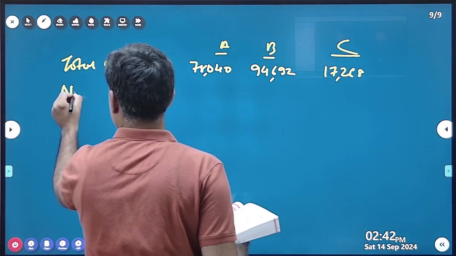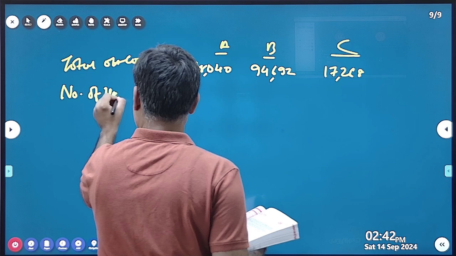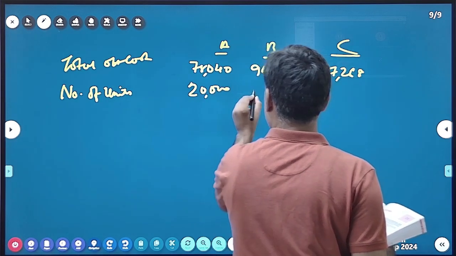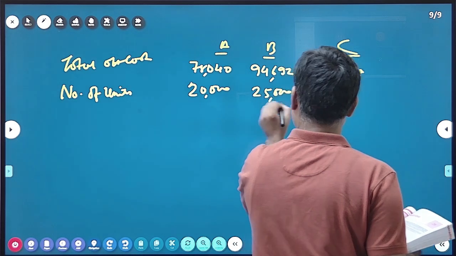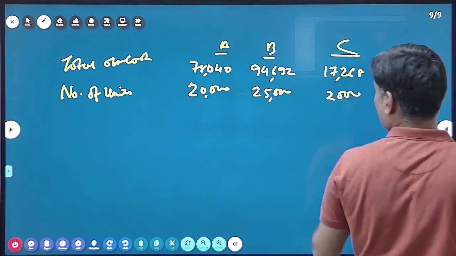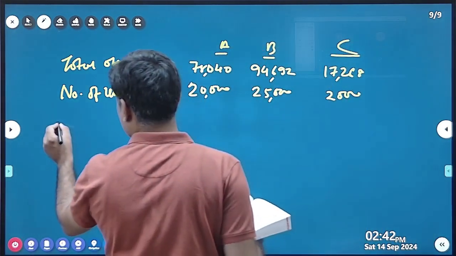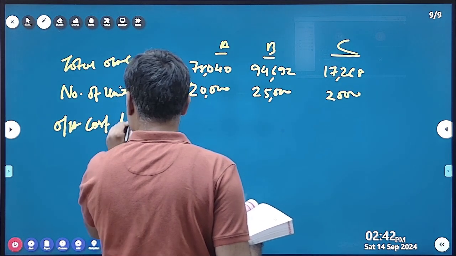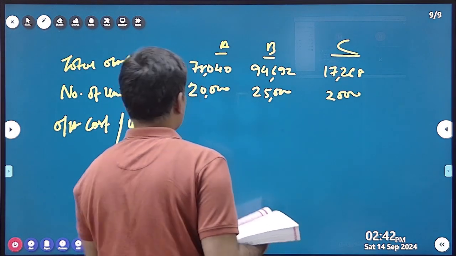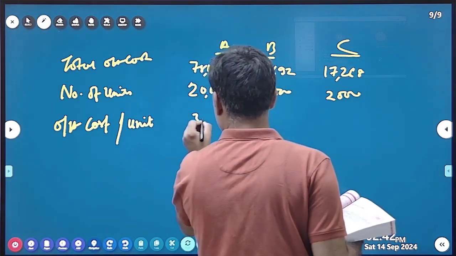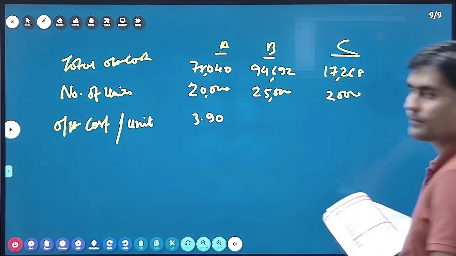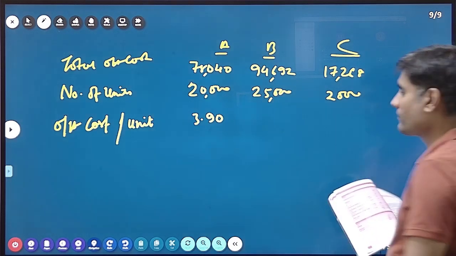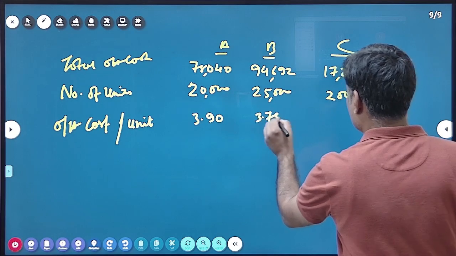Number of units: 20,000, 25,000, 2,000. So overhead cost per unit for B and for C.